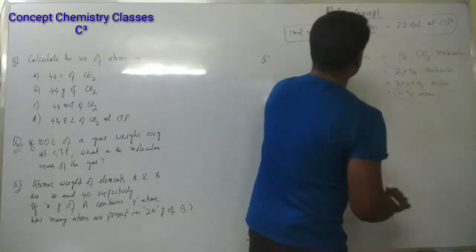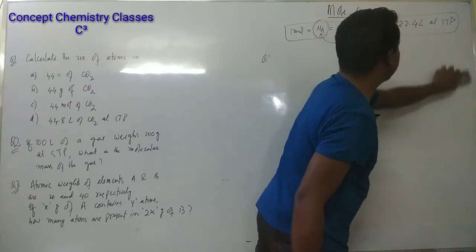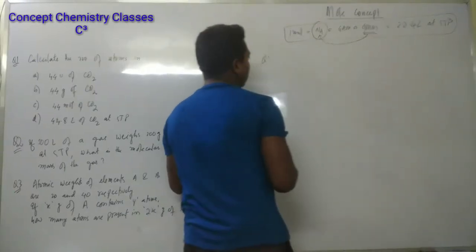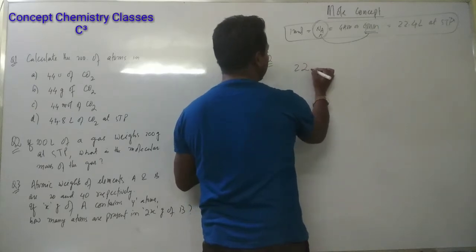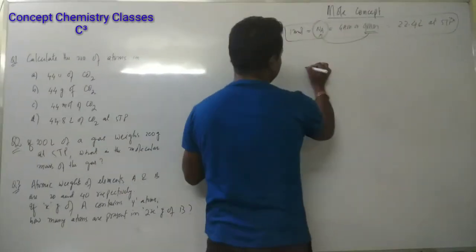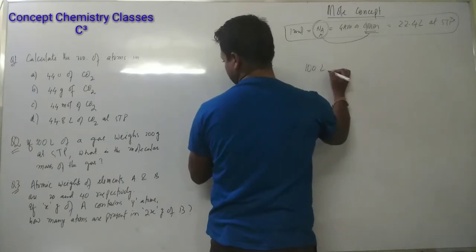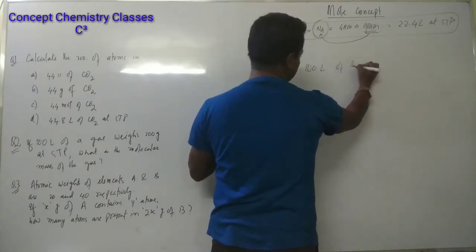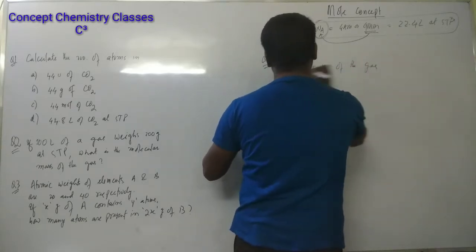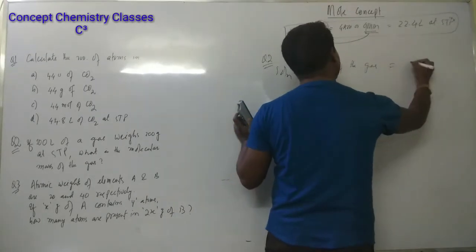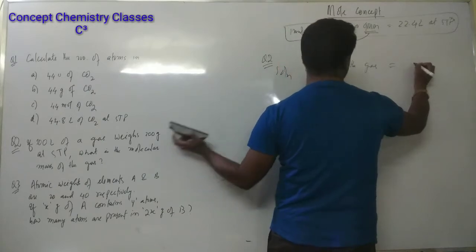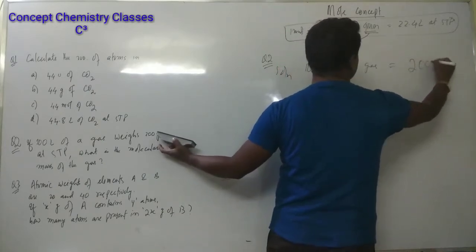Second question can also be calculated from this definition only. We know that it is given here 100 liters of the gas has a mass of 200 gram.